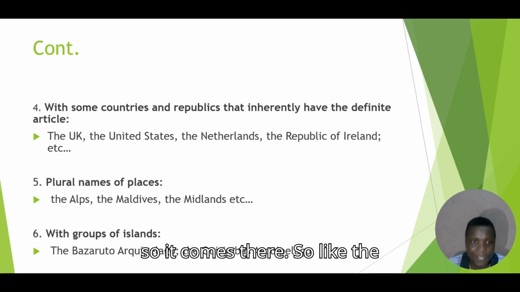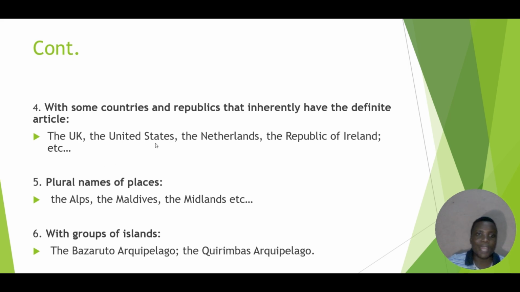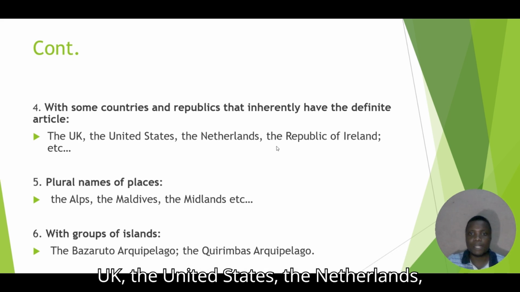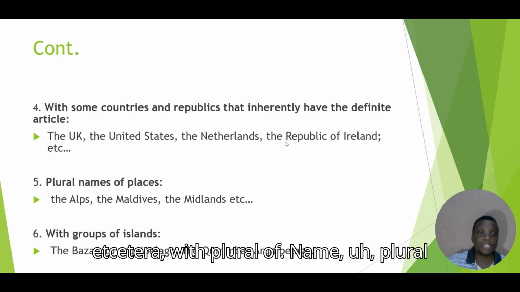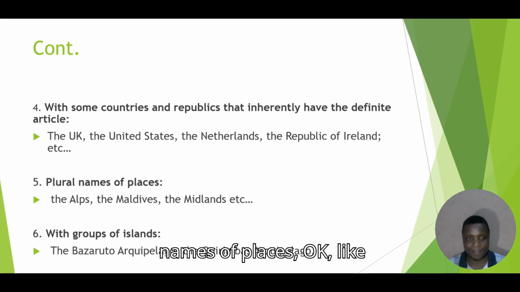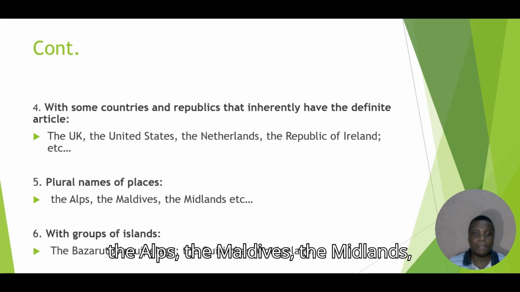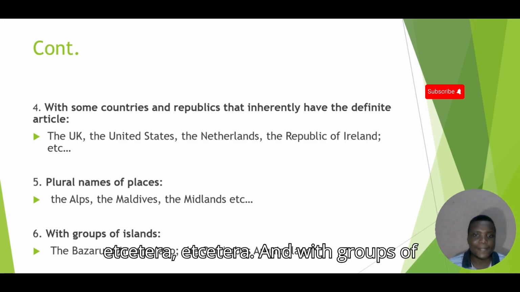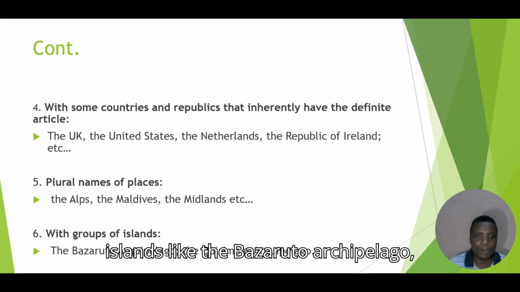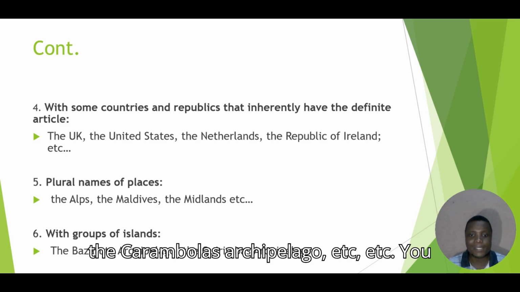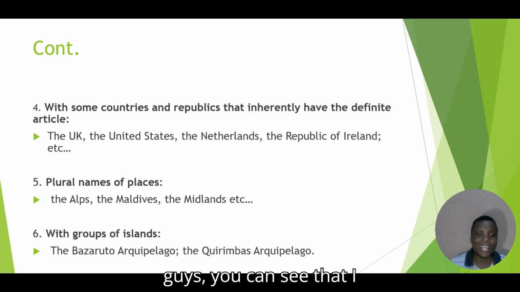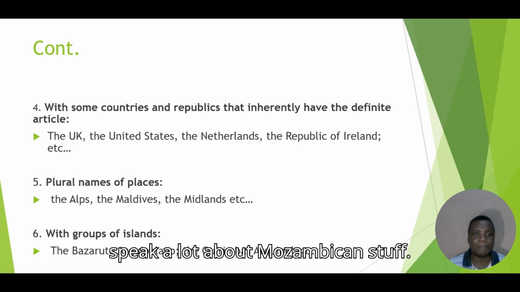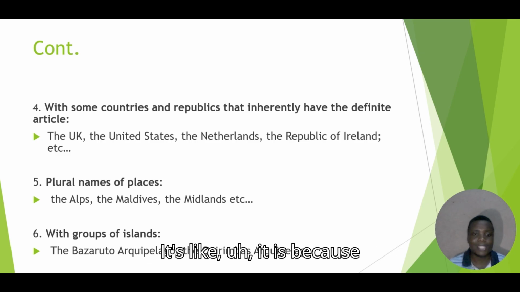So like the UK, the United States, the Netherlands, the Republic of Ireland, etc., etc., with plural names of places, okay, like the Alps, the Maldives, the Midlands, etc., etc., and with groups of islands like the Bazaruto archipelago, the Quirimbas archipelago, etc., etc. You guys can see that I speak a lot about Mozambican stuff. It is because I'm from Mozambique.